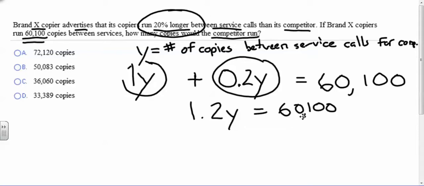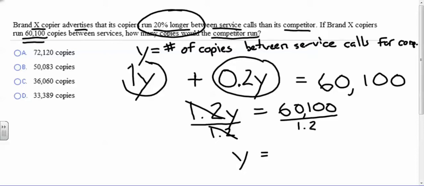Then to isolate y, we have to divide by 1.2, since the 1.2 right now is being multiplied by the y. In order to make it a 1y, we have to divide by the coefficient of 1.2. The 1.2's would divide out, and we get y is equal to, take your calculator, 60,100 divided by 1.2. Again, it should be a smaller amount than 60,100. And it is.